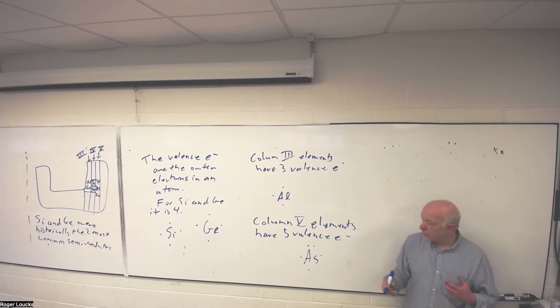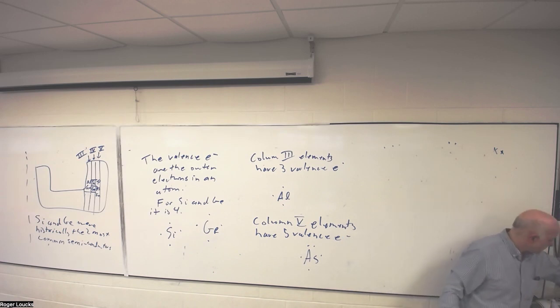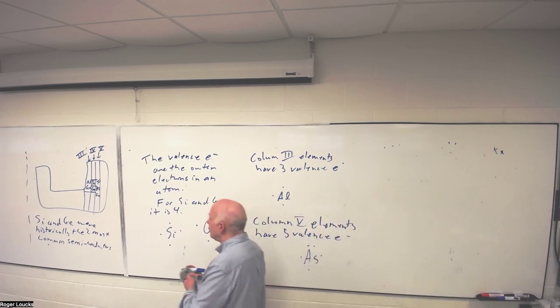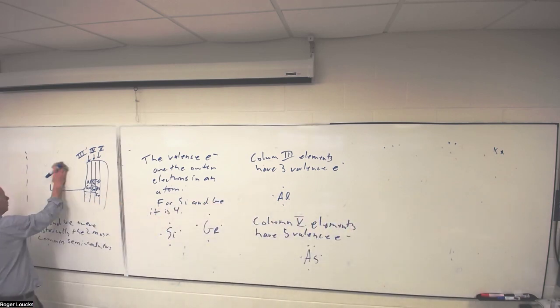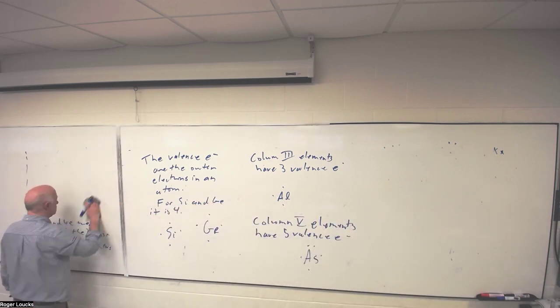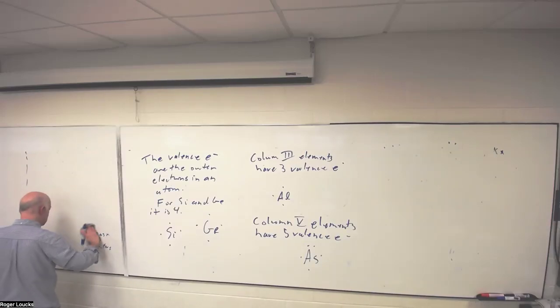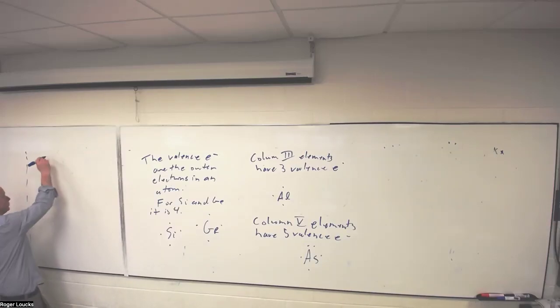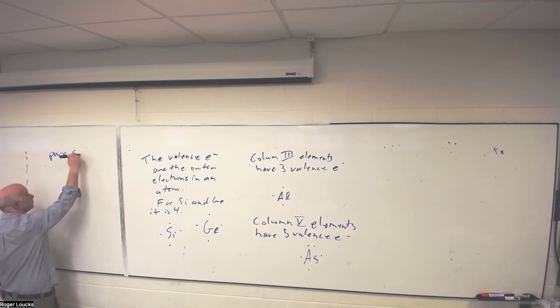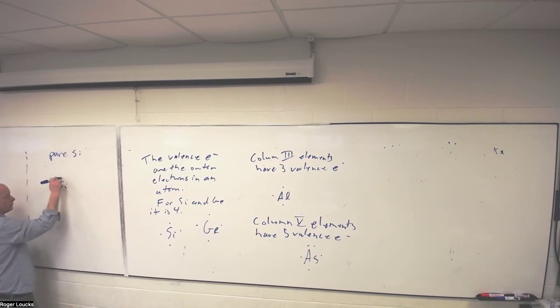Okay. So what's going to happen is that depending on what you put in here, you change the electrical properties a lot. So this is what happens. We can take pure silicon. What you would have is this.